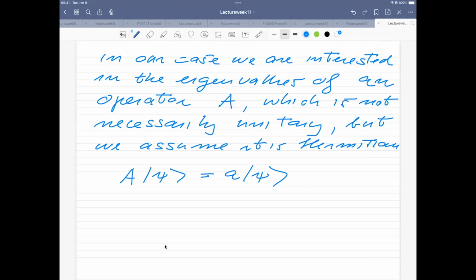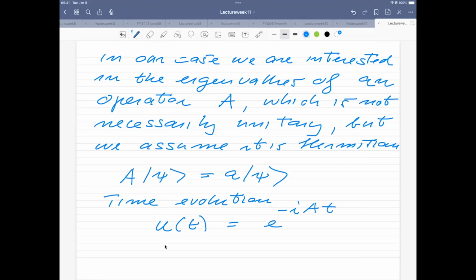We could look at the time evolution generated by a given Hermitian operator. It is given by U of t equals e to the minus i A t. This is a unitary operation.